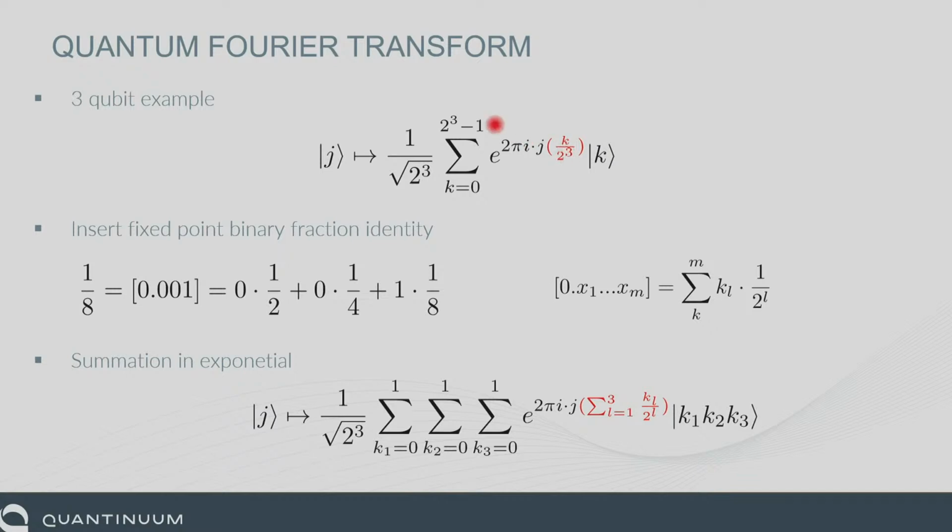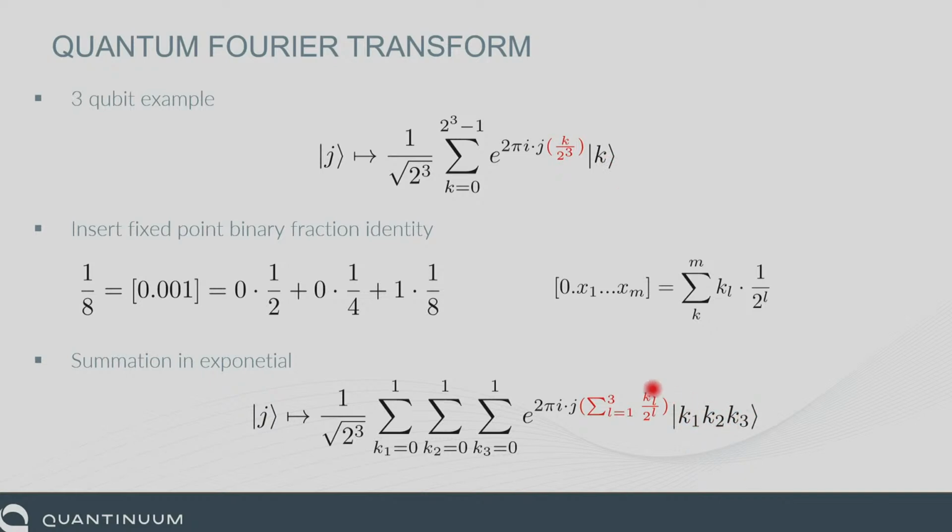And we've normalized it with powers of 2 as well, so it's 2 to the power of 3. Now, this is a fraction, and we can explain that using the fixed point binary fractions that I showed before: 1/8, 2 over 8, 3 over 8, etc. Then we take this binary fraction form over this k_l, which is either 1 or 0, and we can represent this integer as a bit string.